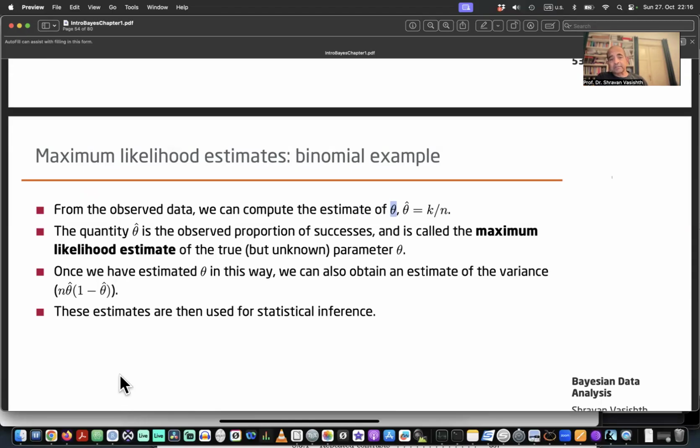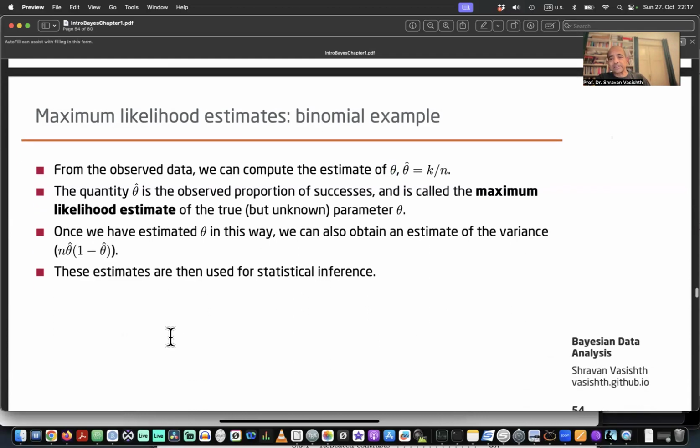That's a technical term. And what we say is that theta hat is a maximum likelihood estimate of the unknown parameter theta. Remember that theta is forever unknown. We're just going to estimate it. But theta hat is a maximum likelihood estimate. So the question is, what does that mean?